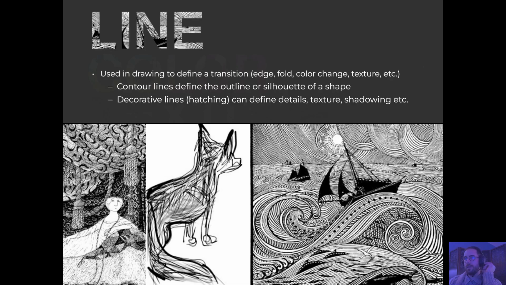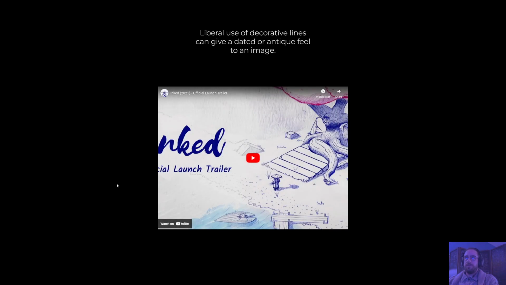Things like that. Decorative is obviously extremely useful, and I would argue that decorative perhaps is the wrong word for it, because it isn't always decorative, it's more utilitarian, right? So we can argue about that another time, but we use line to define and create depth.